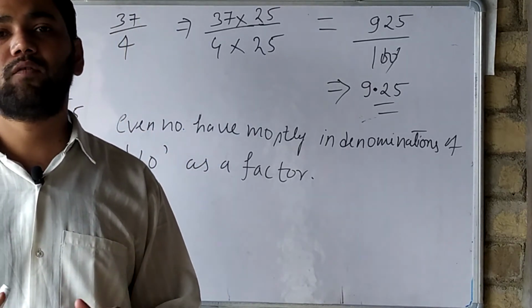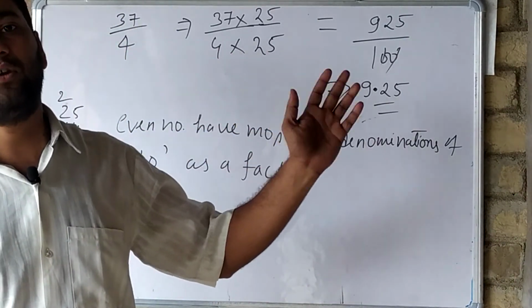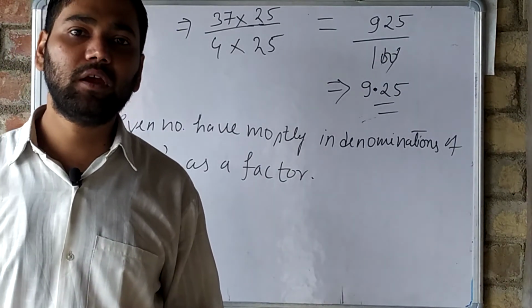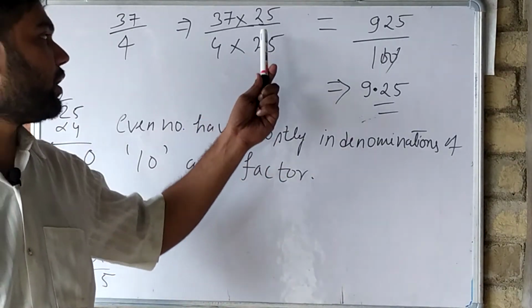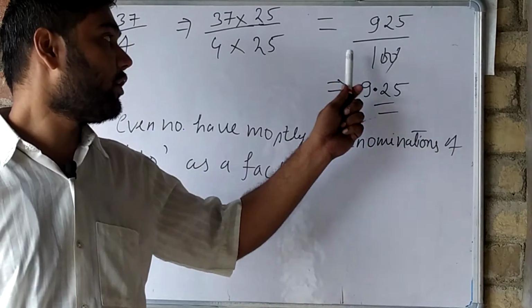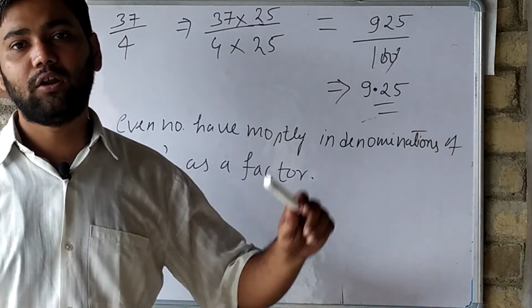If we can make it, we do not have to divide. We multiply that value with the numerator and denominator, and in the answer the denominator changes to a denomination of 10.